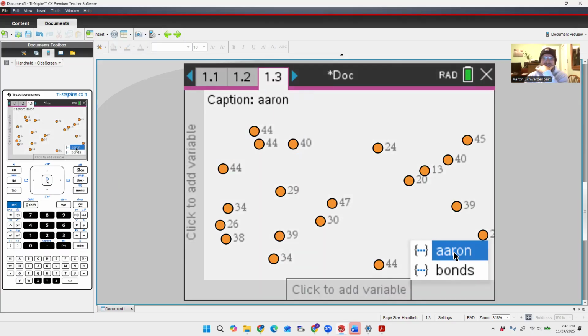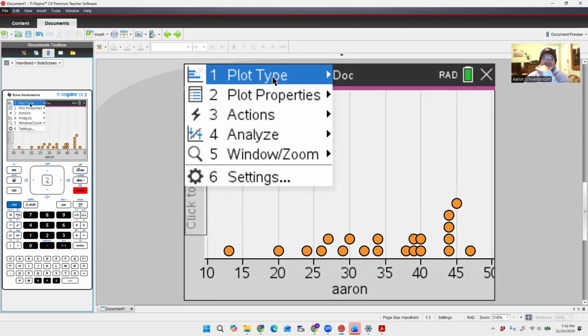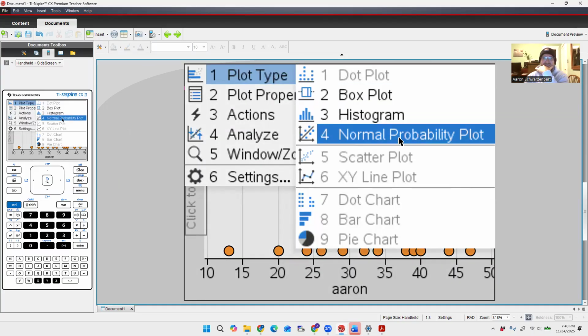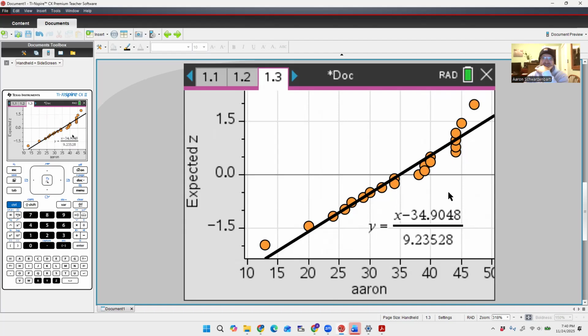And I'm going to put Hank Aaron on this. And I get that. Menu, plot type, normal probability plot. This is relatively linear. Hank Aaron's data is approximately normal.